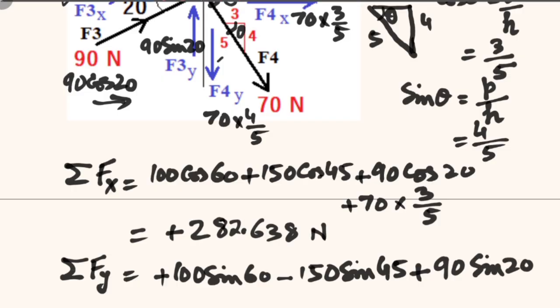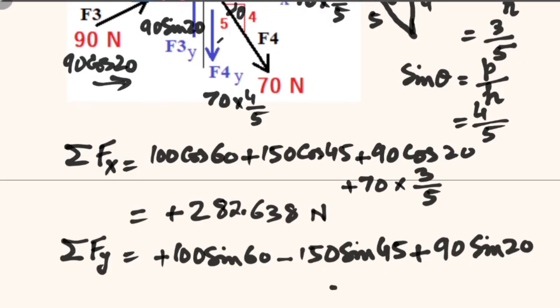Then the fourth force F4y, which is acting in the downward direction, so it will be with minus sign, so minus 70 into 4 by 5.